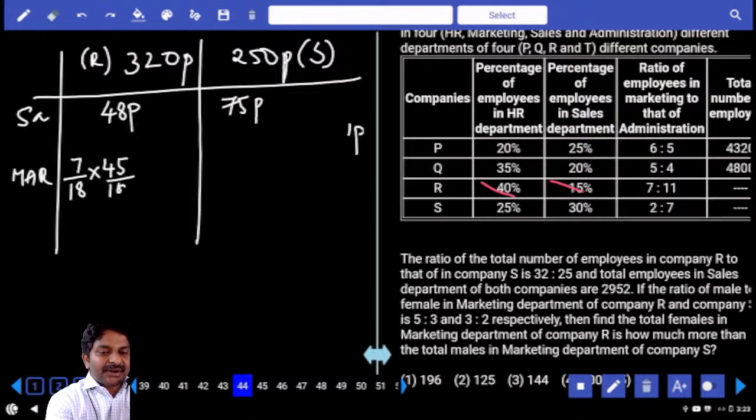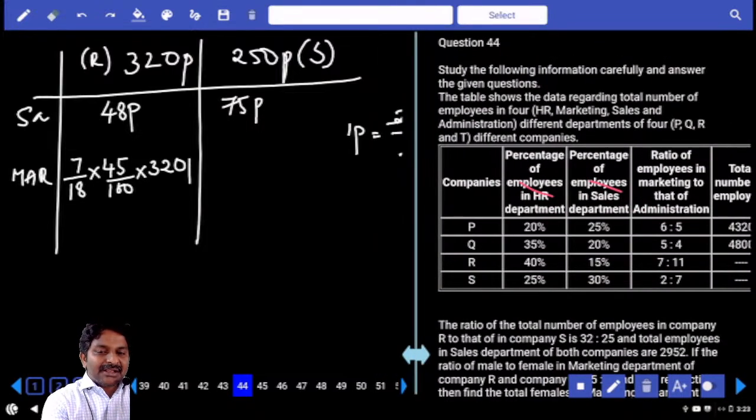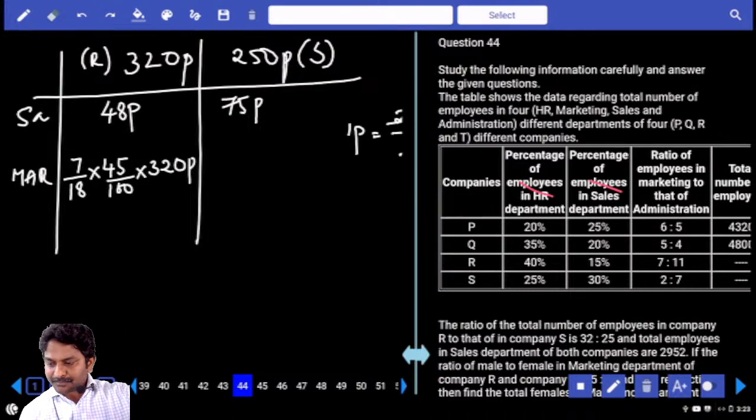I'll write it as 40 by 100 among 320 parts only. We already know that 1 part value is equal to 24, but let's write it as only 320 parts. We'll simplify it later, don't worry.